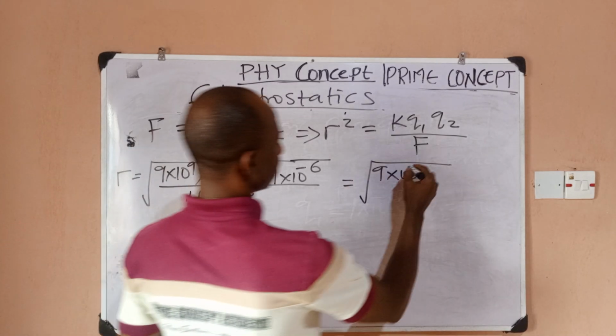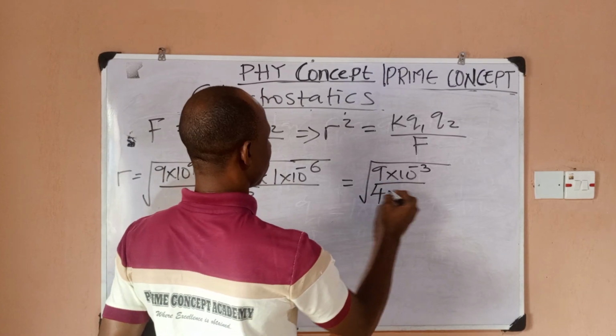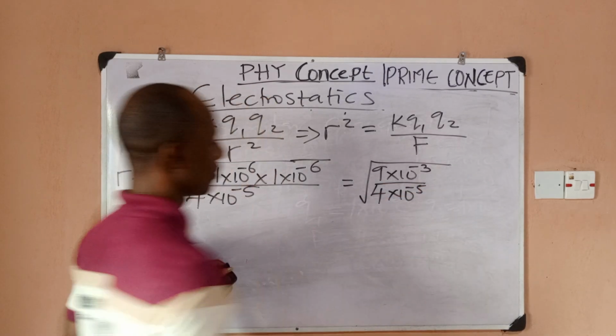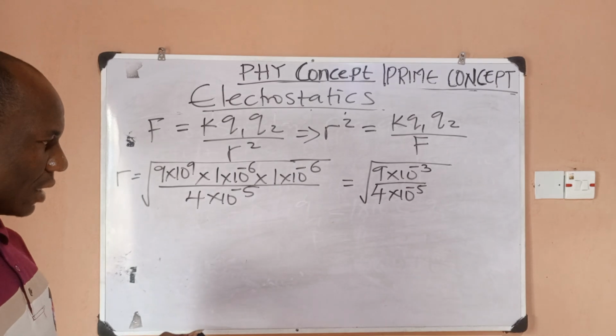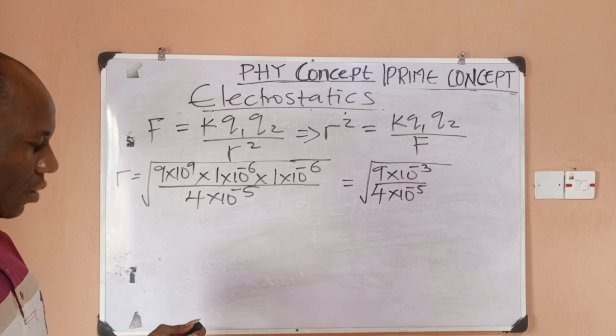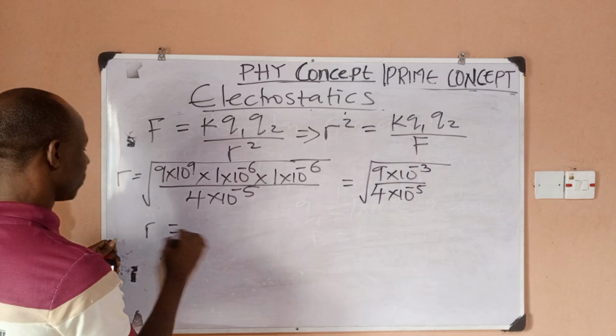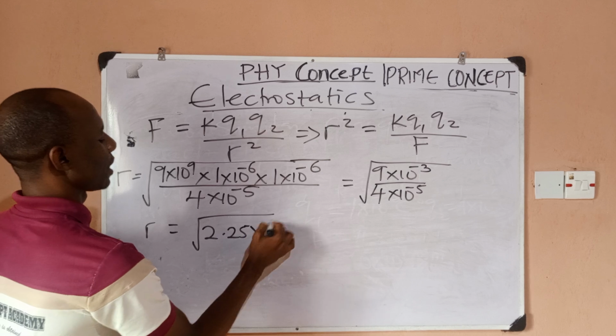So 10 to the power minus 3 divided by 4 times 10 to the power minus 5. So if I solve this, 9 divided by 4 is 2.25. So R is going to be square root of 2.25 times 10 to the power.